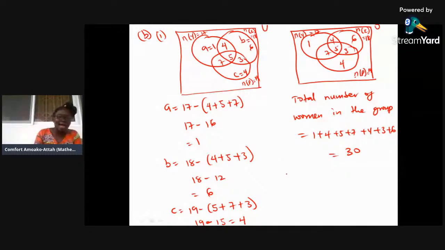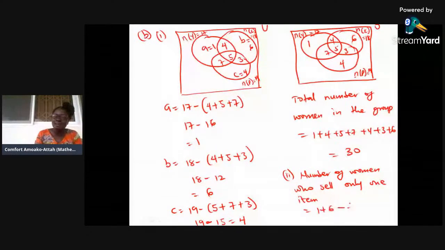And the II part is what? The number of women who sell one item. So for one item, we can say 1. So number of women who sell only one item is equal to 1 plus 6 plus 4.